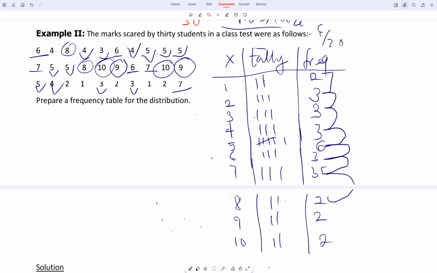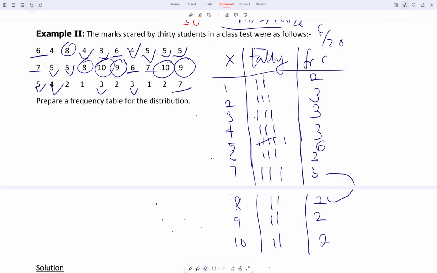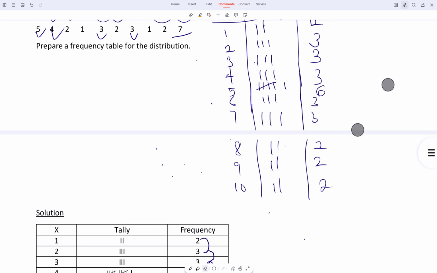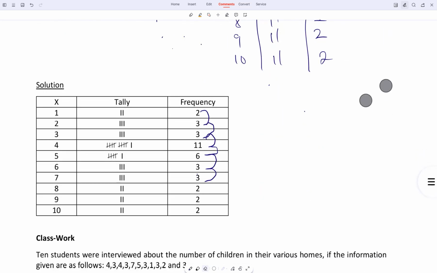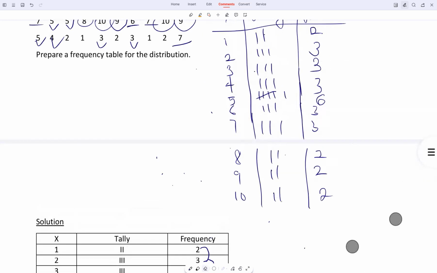Did I count well? This is the most important part of everything that we have been doing. If it is not complete, there is a problem. Let's add again. I hope I'm correct.